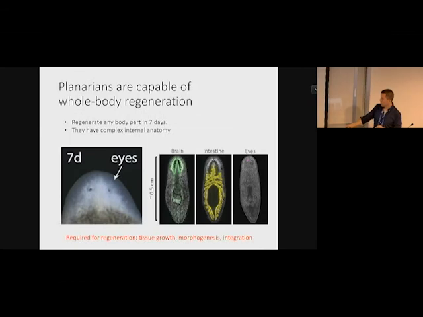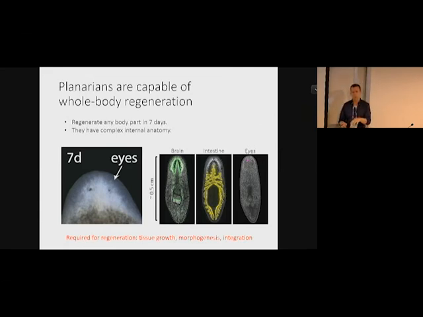So what is actually required for regeneration? This comes with a small disclaimer. It's relevant to essentially any regenerative process happening in nature or any regenerative organism except, for example, Hydra. You need the ability to grow new tissue, no matter how, whether it's stem cells, differentiated cells, whatever.